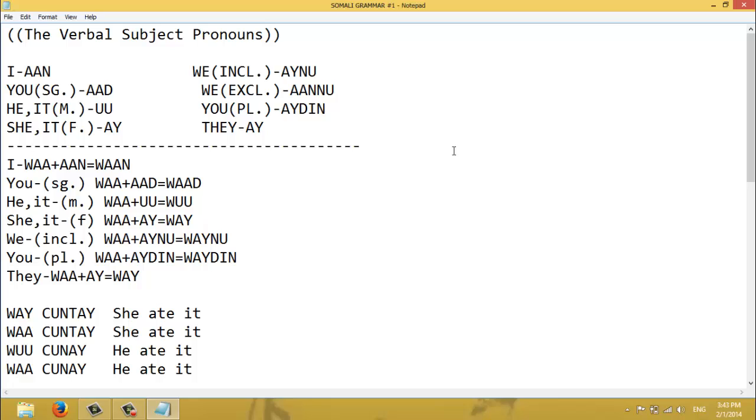So again, if you're a native speaker or you've studied this language and are very familiar with it, feel free to make any corrections, be it the grammar or pronunciation. If anything was enunciated incorrectly, intonation, whatever, feel free to comment below.